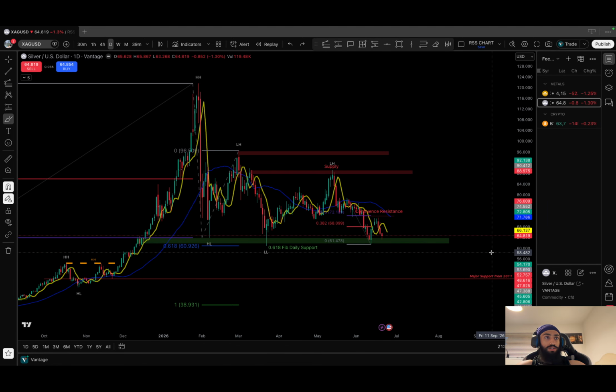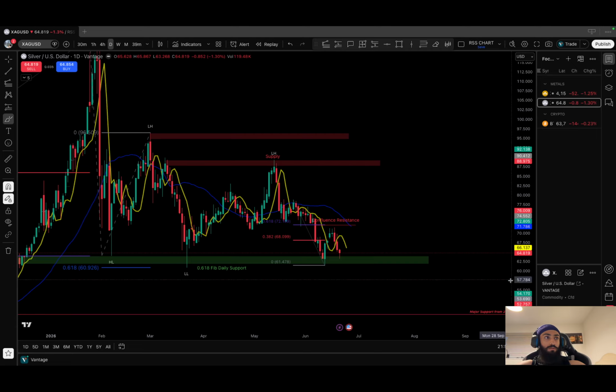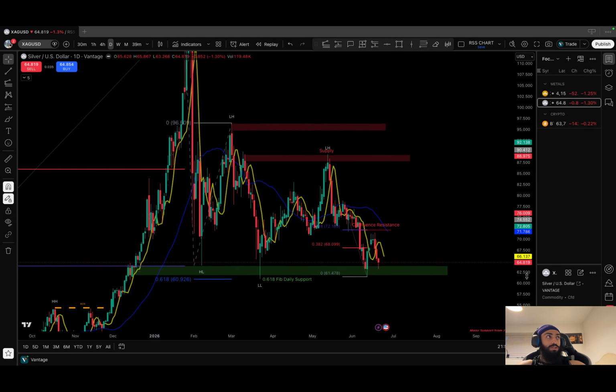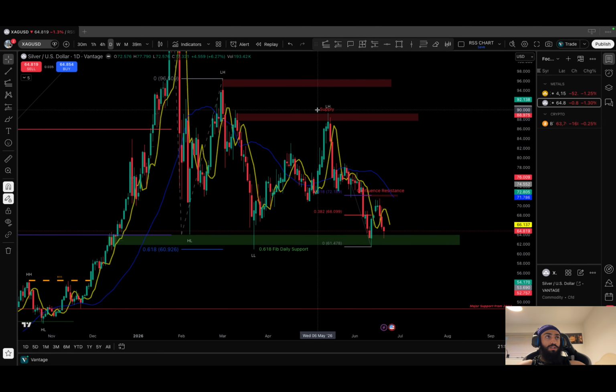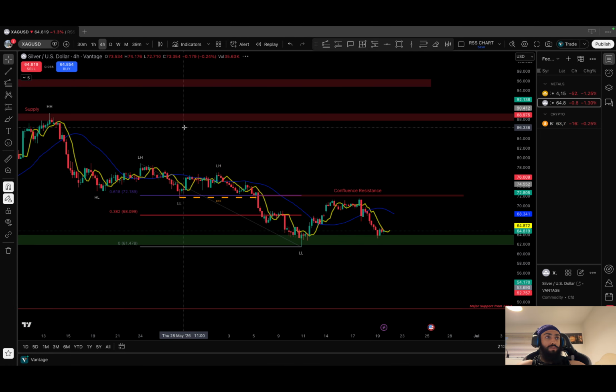And in order for this price action to develop and a major shift to occur, we need to see one of these levels break, with one level being the 618 daily support, or the other being this local supply zone on the higher time frame bias.